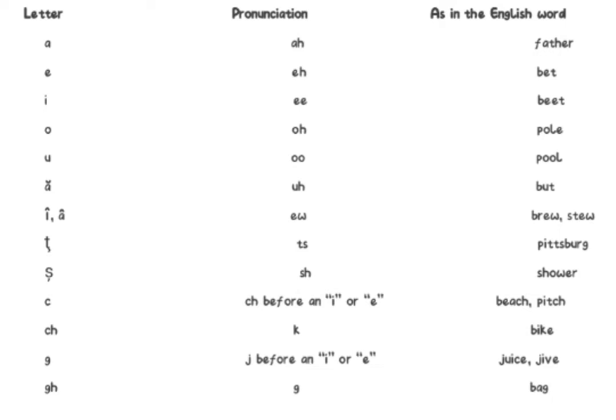The letter S with a cedilla symbol, pronounced as sh in shower, and C pronounced as ch before an I or E, as in beach or peach, and the letters CH pronounced as k in bike, and the letter G pronounced as j before an I or E, as in juice or jive, and the letters GH pronounced as g in bag.